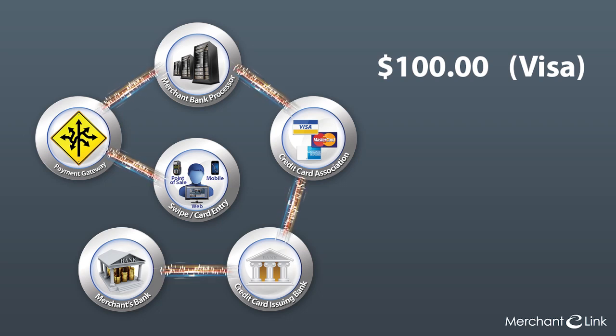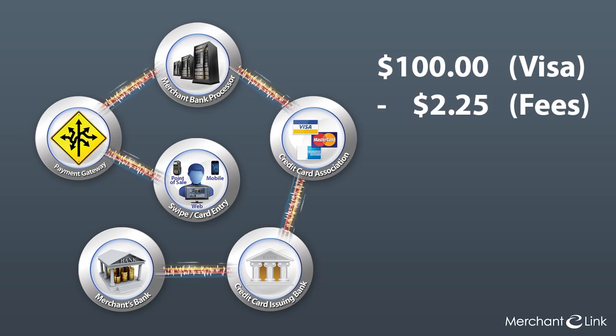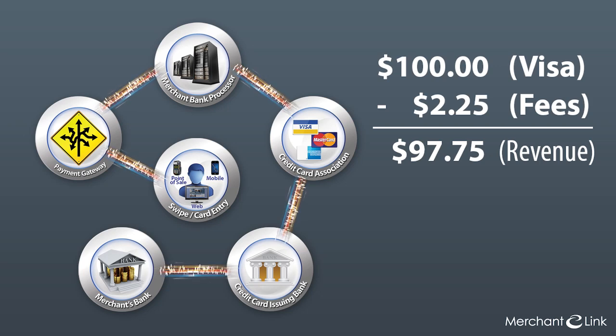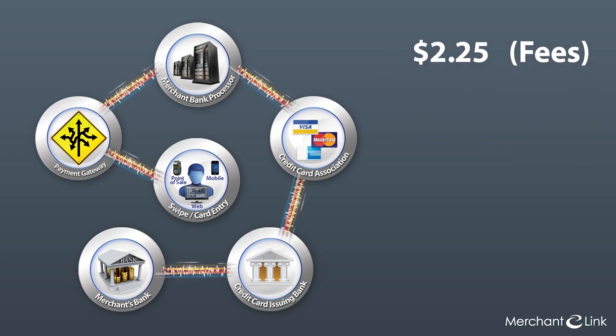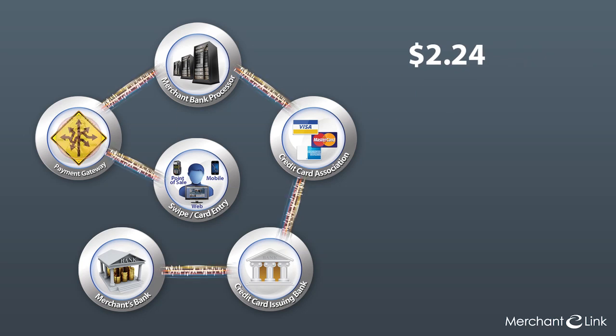The amount discounted from that $100 transaction is $2.25, leaving the merchant with a total of $97.75 in revenue. The first fee paid is to the gateway provider for translation and delivery services. The next player is the third-party processor and acquiring bank.